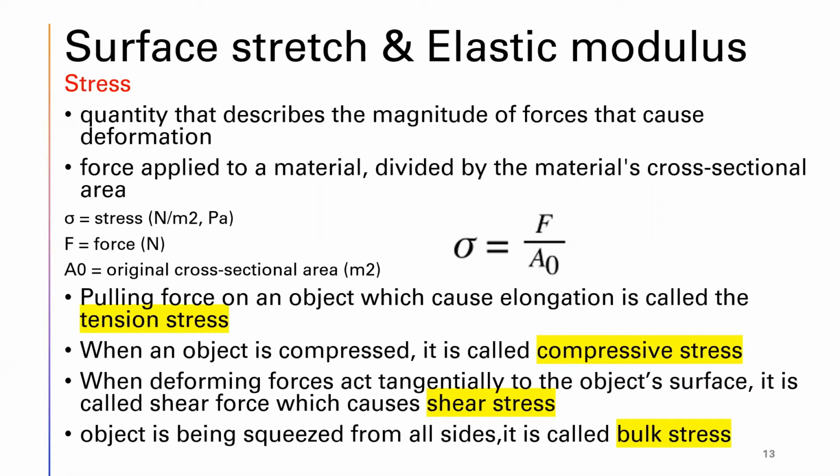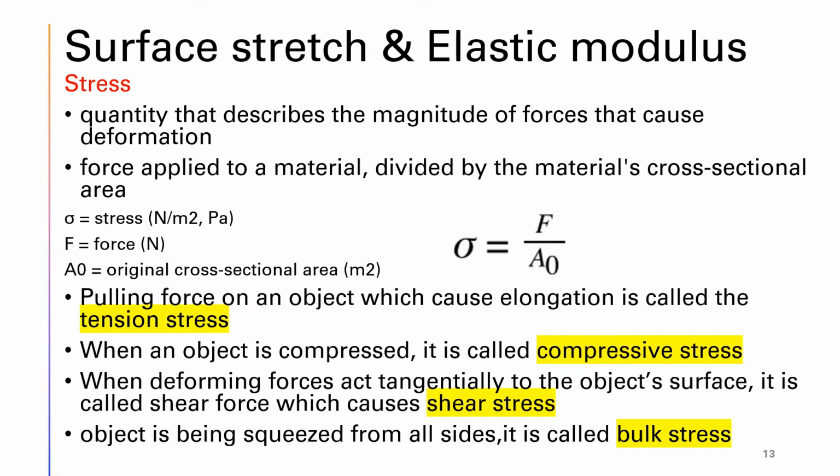The symbol given to stress is sigma, and the unit is Newton per meter square or Pascal, or you can also change it to the US customary system. Sigma is equal to F over A naught, which means stress is equal to force divided by cross-sectional area.